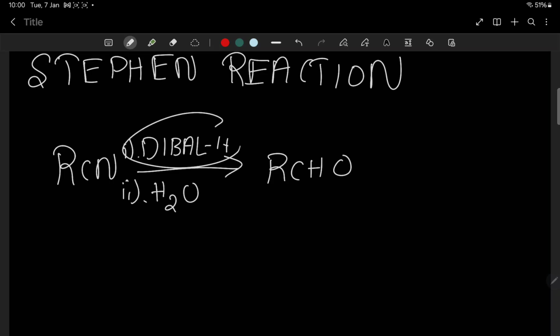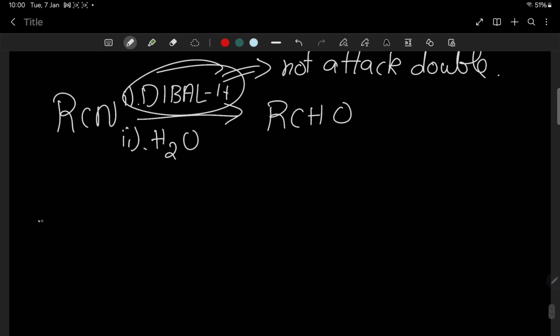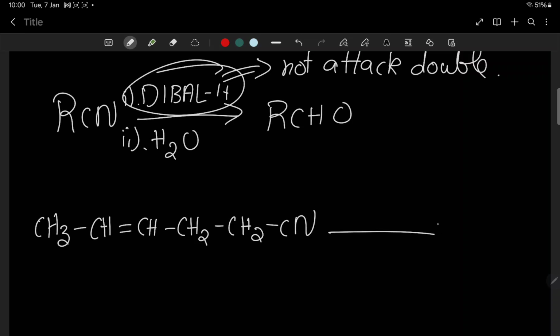The thing is that if I am using DIBAL-H, it will not attack, like PCC, it will not attack isolated double bonds. If it is in conjugation, it may attack, but if it's isolated, it will not. An example is given in a textbook: CH3 CH double bond CH CH2 CH2 CN. Into this I am adding one DIBAL-H and H2O.